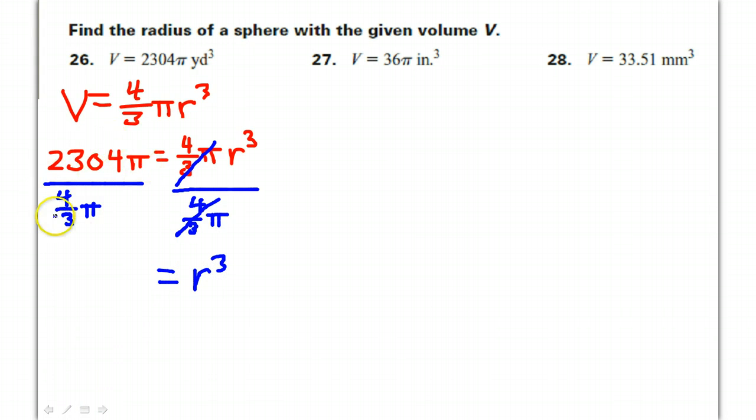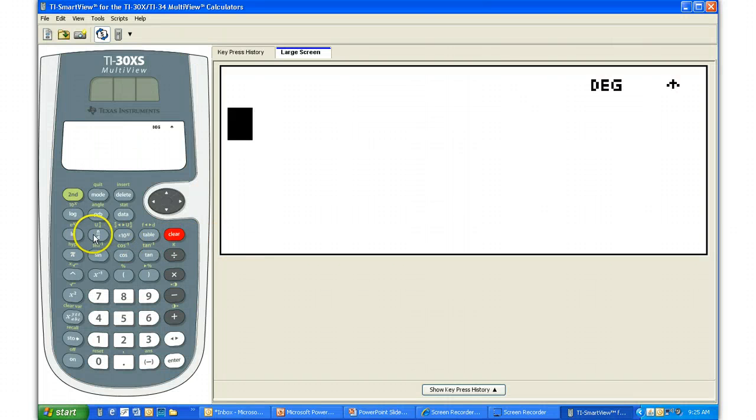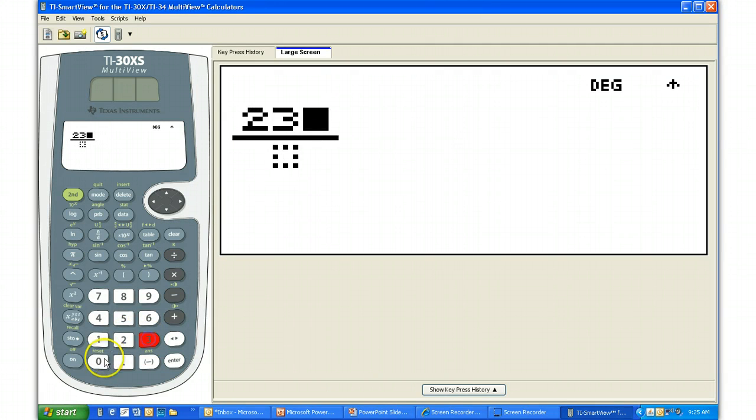Now all of this you can type in your calculator. It's all about your n over d button. 2,304 pi over.